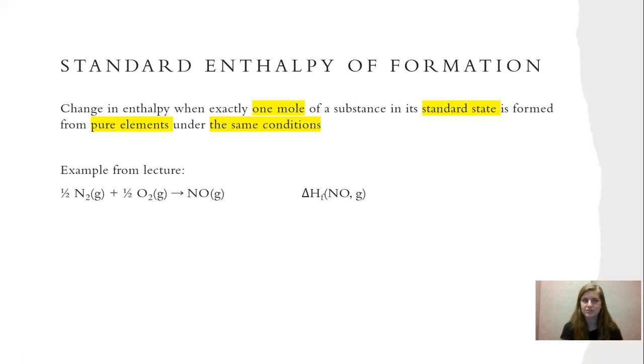Standard enthalpy of formation is denoted by delta H_f. Also, I forgot, if it's standard enthalpy of formation, it should have the degree symbol as well. Don't think the f means final or anything. That means formation. And that's what it is for NO in the gas form.